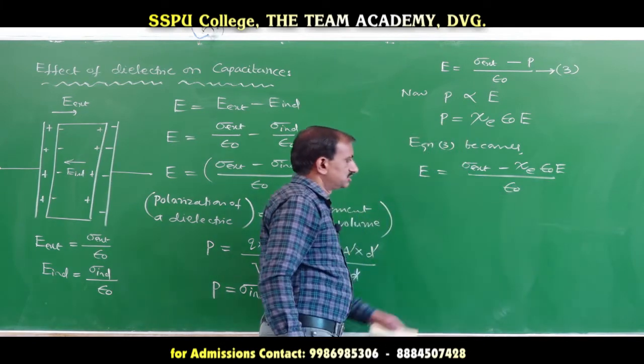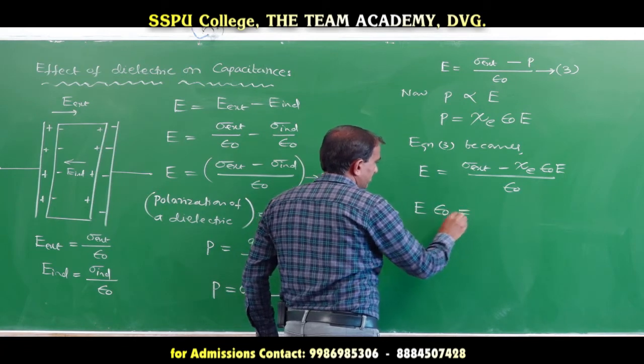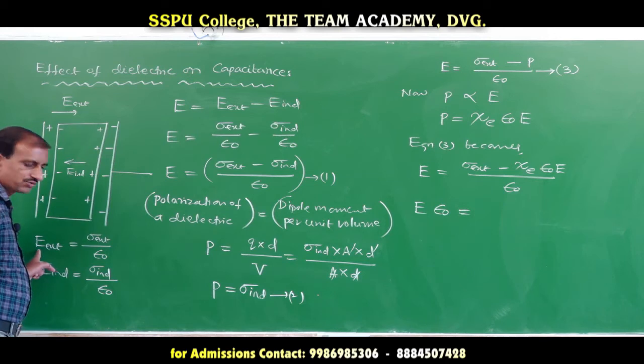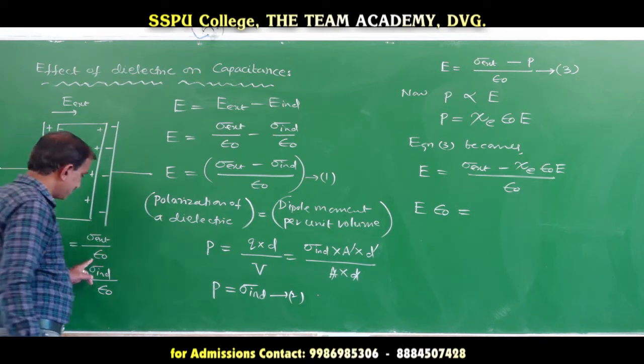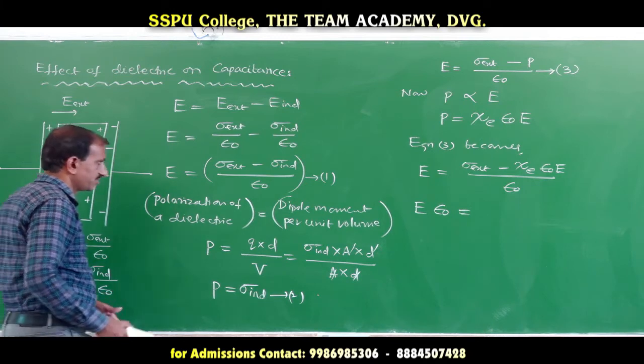E is equal to sigma external minus P, which is chi E epsilon naught into E, divided by epsilon naught. Cross multiply this: E into epsilon naught equals sigma external, where sigma external is equal to E external into epsilon naught.